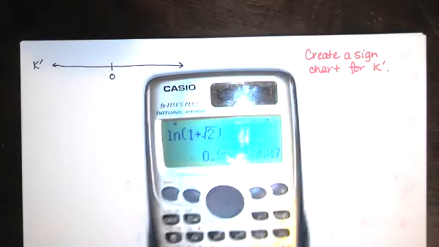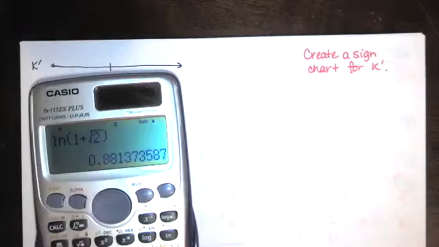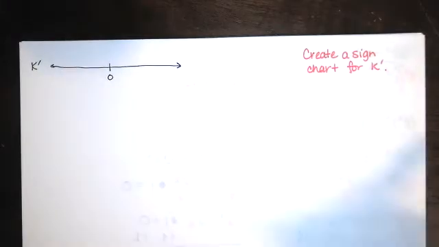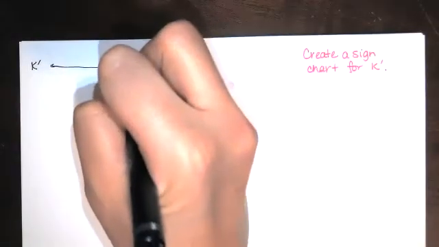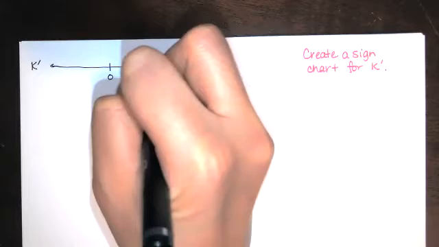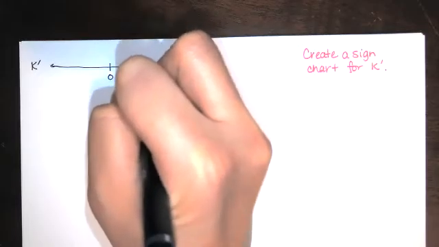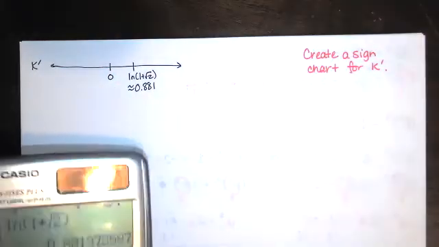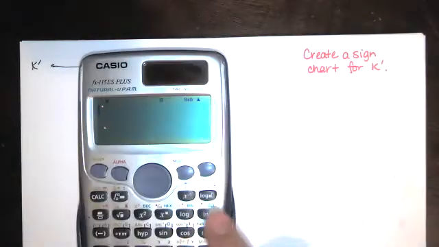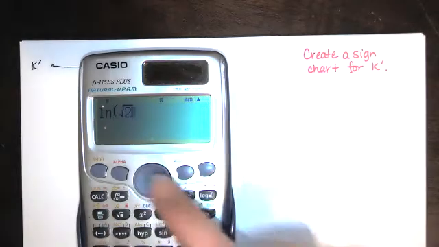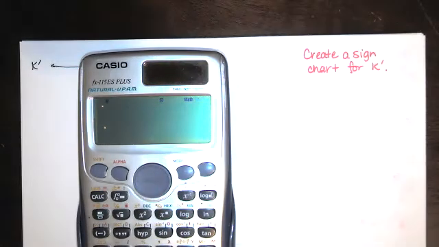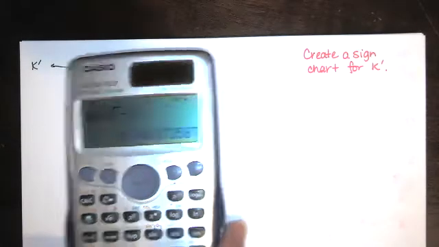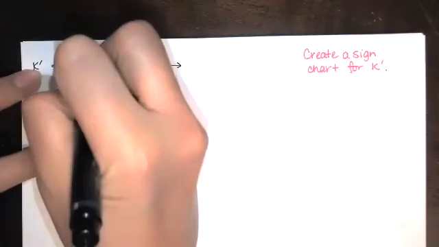It's approximately, sorry about that reflection, 0.881. And then there was the other one, the log of 1 minus the square root of 2. Oh wait, no, it was the square root of 2 minus 1. Sorry about that. And that's negative 0.881. So there's some symmetry there.